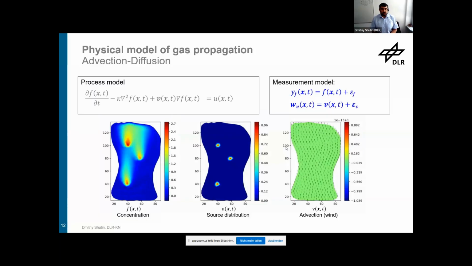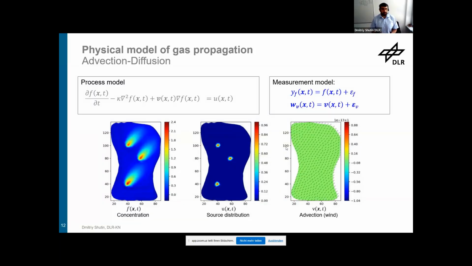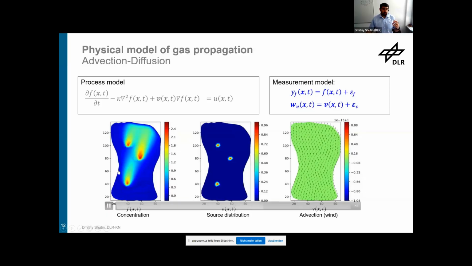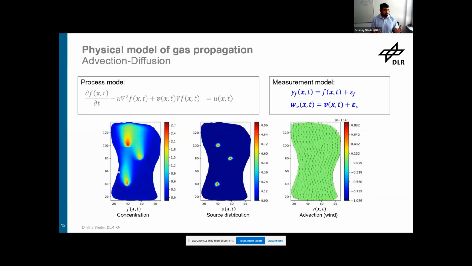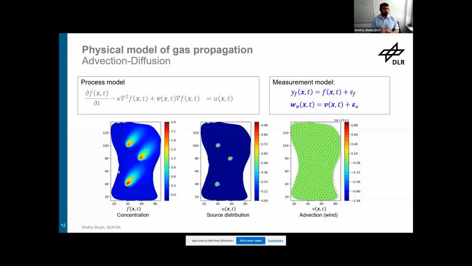Effectively, we know that if we have a certain number of sources distributed in an environment, then the distribution of the gas from these sources will be affected by two major factors. The first factor is the diffusion process. A source puts out material into the atmosphere, into the environment.